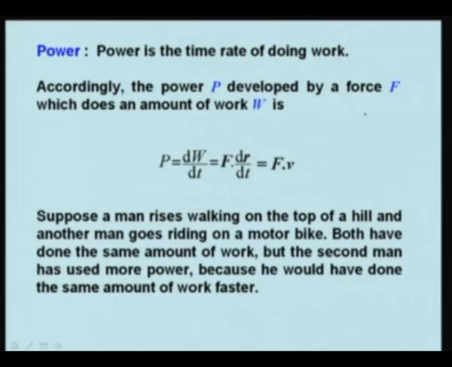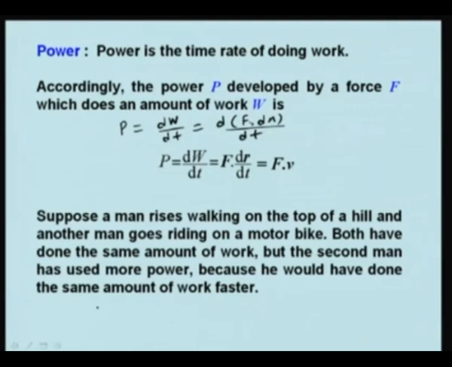That means this is equal to F dot dr by dt, that is equal to F dot v. Here we have obtained this expression in the following manner. P is equal to dW by dt. dW by dt is F dot dr by dt.